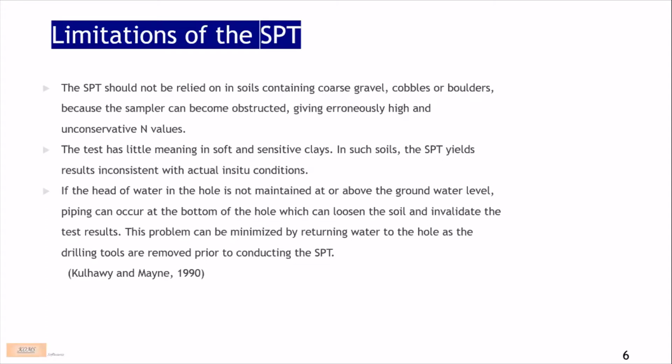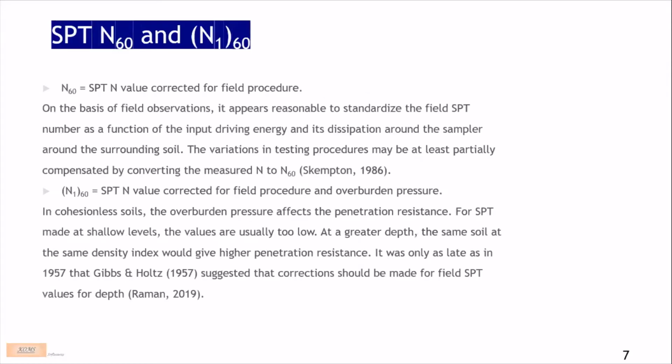And in soft or sensitive clay, the SPT gives inconsistent results compared to the actual in situ condition. And if the water head in the hole is not maintained at or above the ground level, piping can occur. It can make the soil quick and loose, and this can reduce the N value.